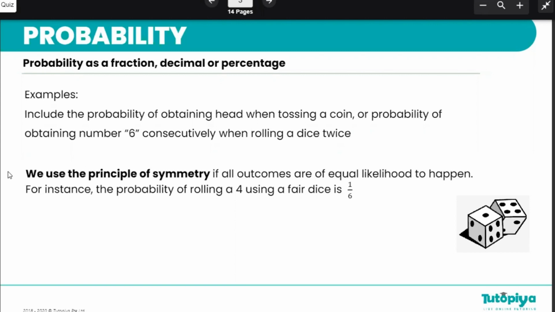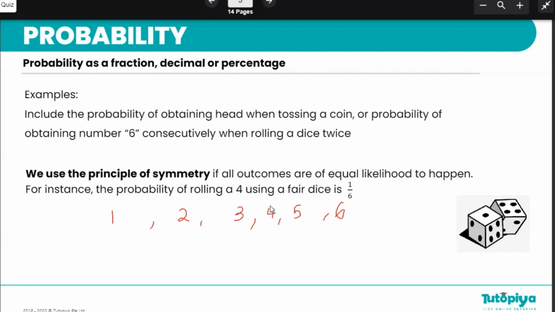We use the principle of symmetry if all of the outcomes have an equal likelihood of happening. For instance, if we want to find the probability of rolling a 4 using a fair dice, we can first list out all of the different outcomes that we can get using a dice. So that's the numbers from 1 to 6 if we use a regular dice.